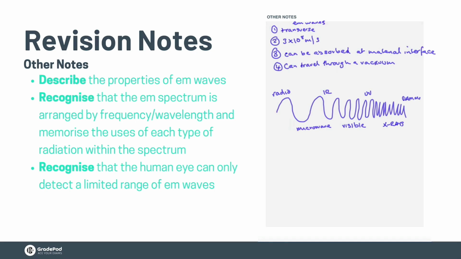The electromagnetic spectrum, it's just a name of a range of radiation. Let me tell you what they are. Radio waves, microwaves, infrared radiation, visible light, ultraviolet, X-rays, gamma rays. Can you see that I've put the electromagnetic spectrum in order and I'm putting the uses of those different regions of electromagnetic spectrum in my notes? Can you do the same, please?